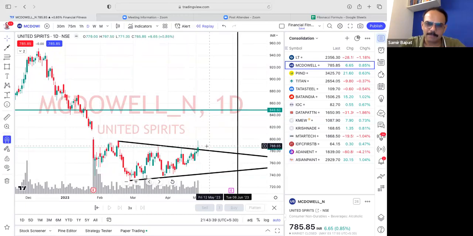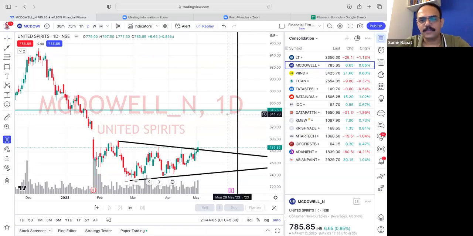So the breakout has happened. Tomorrow we'll buy, maybe we'll get it here. Nothing is happening, we don't have to rush. Tomorrow morning we can comfortably buy here. But if tomorrow it opens below, don't go ahead. If it is opening up, buy it. We still have some nice 7 to 8% in 10 to 12 days.